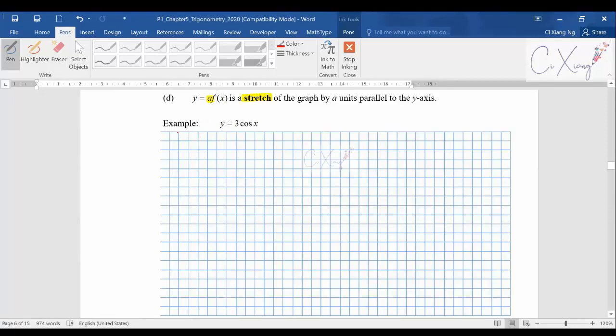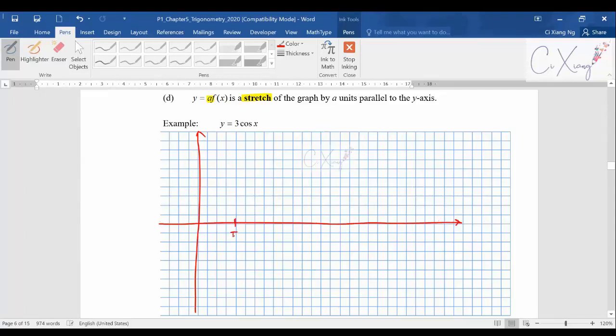Again, let me start. I think we need to make the scale a little bit smaller because we need a higher graph, because of the 3 multiplied with f(x).